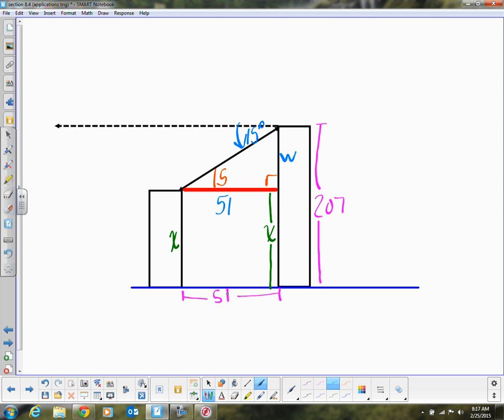What about a trig function? Those are in a square. We're going to focus on this triangle up here. Let me highlight it. You tell me who is opposite, adjacent, and hypotenuse. Okay. That's opposite. What's 51?